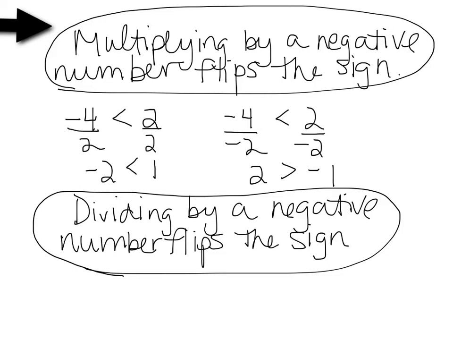Now in each of these problems, you're also always going to be asked to graph. So let's take a look at what that looks like. If I say m minus 9 is greater than 2, I'm going to try to isolate the variable, use the opposite operation. Whatever I do to one side, I have to do to the other.